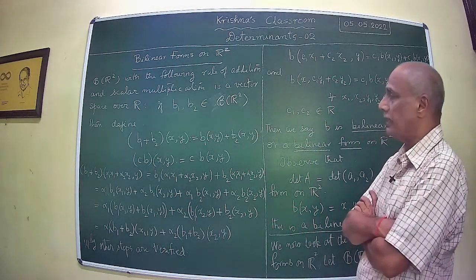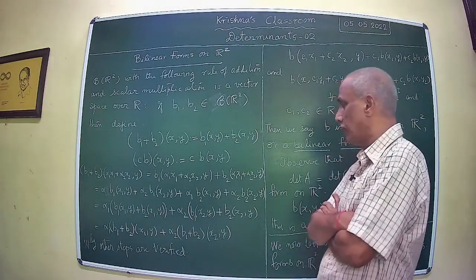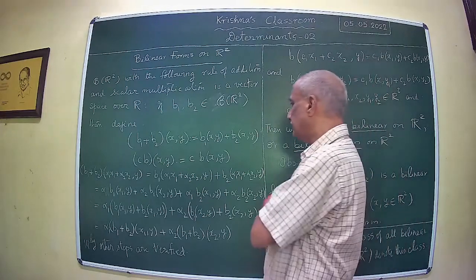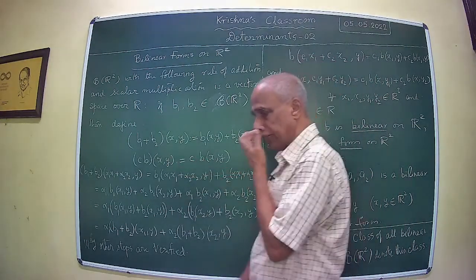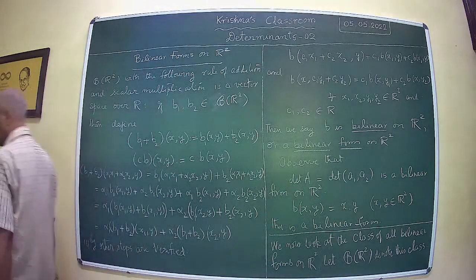Similarly, one can prove that for a scalar c, cB defined in this way is also a bilinear form. Therefore, it forms a vector space.